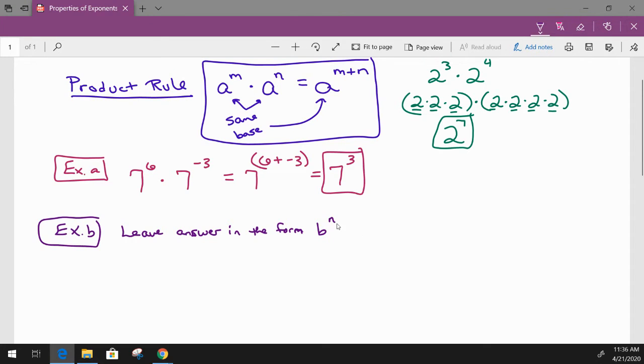So disregarding whether that exponent is positive or negative, we are not going to apply the negative exponent rule yet.